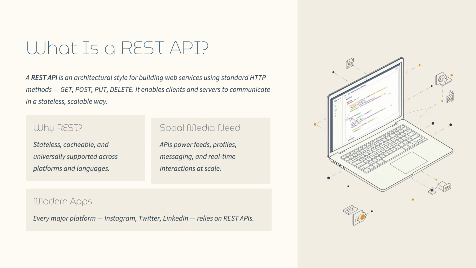In social media platforms, APIs manage user data, posts, feed, notifications and interaction between users. Popular applications like Instagram, LinkedIn, and Twitter heavily depend on REST APIs for smooth communication between front-end and back-end systems.